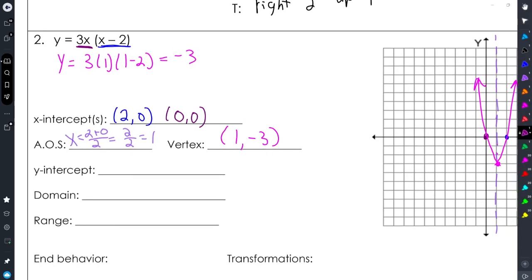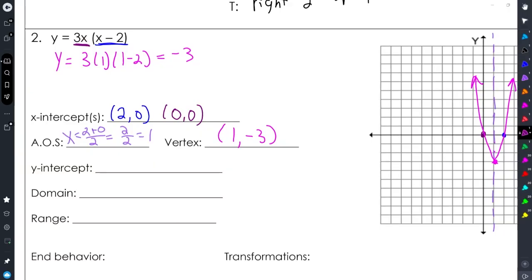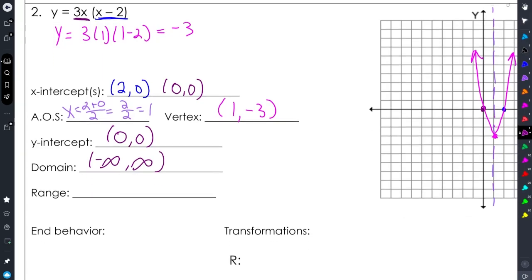Y-intercept, well, the y-intercept is the same as one of the x-intercepts because our x value is 0. So 0 comma 0. Domain, negative infinity comma infinity. Range. Our y values are going up. Both sides are pointed up, so our range is going to be the y coordinate of the vertex comma infinity.